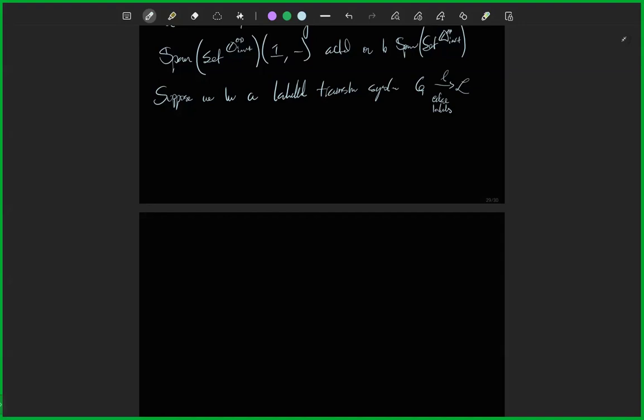So let me define for you a system. Remember, a system is still going to be a map like this, but now these are going to be discrete time temporal sets, right?